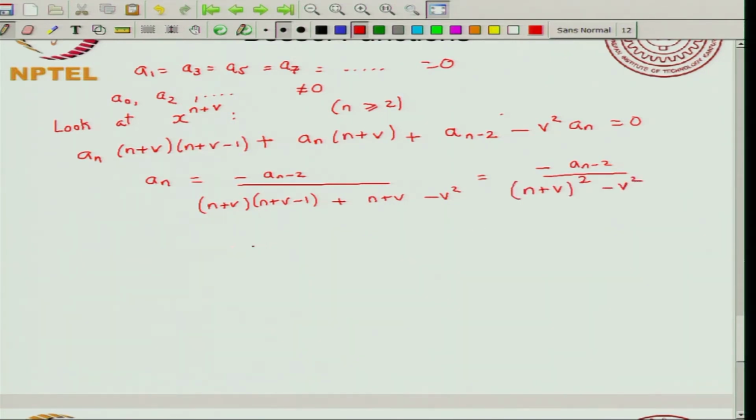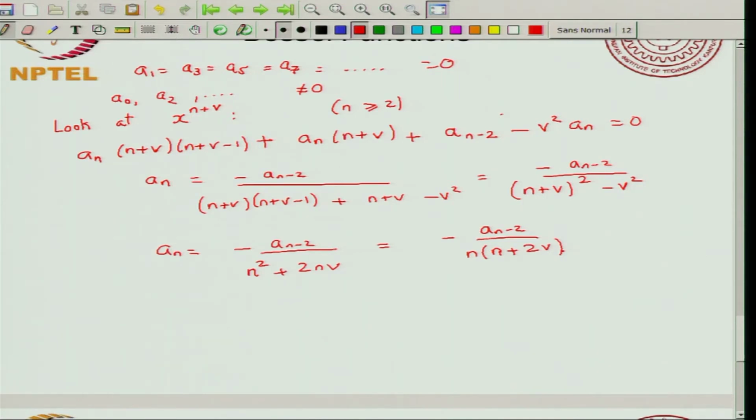So, that is equal to minus a n minus 2 divided by n square plus 2 n v, which equals minus a n minus 2 divided by n times n plus 2 v. So, this is your recursion relation.